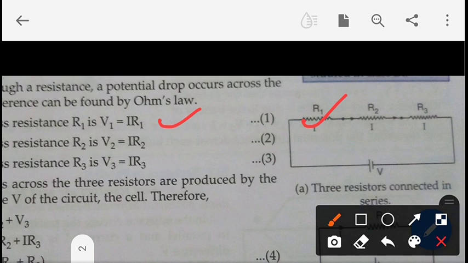Therefore I have written V1 is equal to IR1. In the same way the voltage drop across R2 is V2 equal to IR2, and in the same way the voltage drop across R3 is V3 equal to IR3.